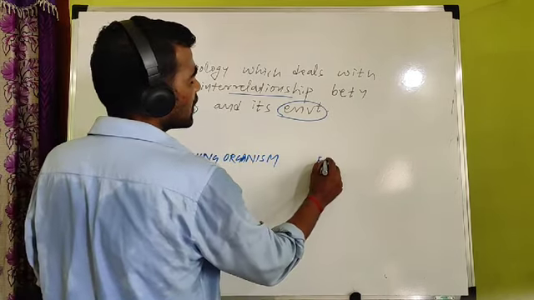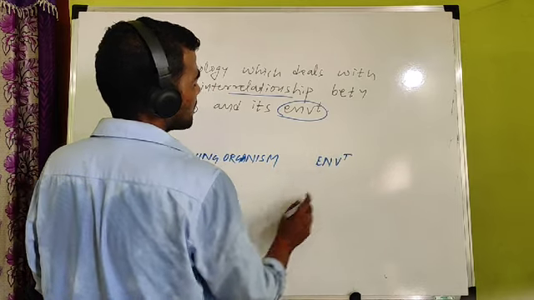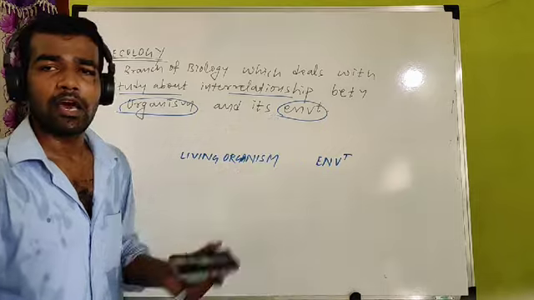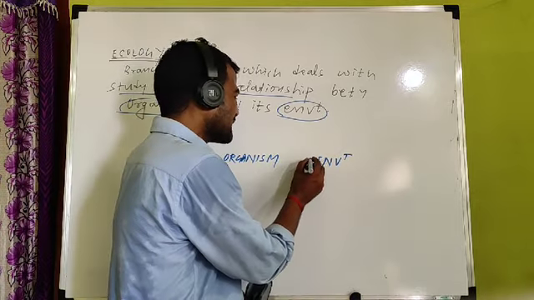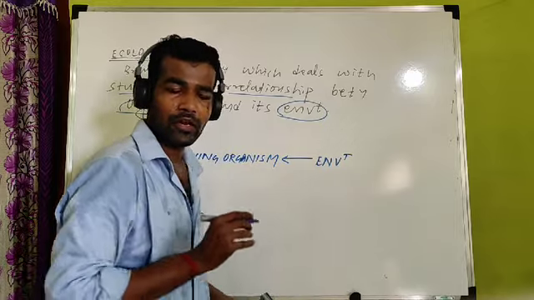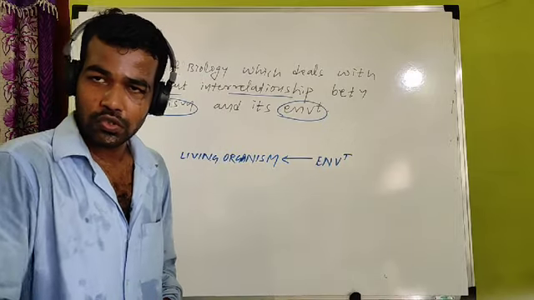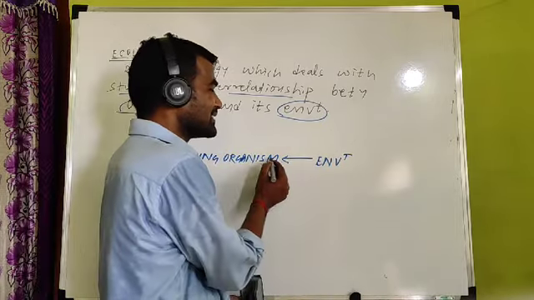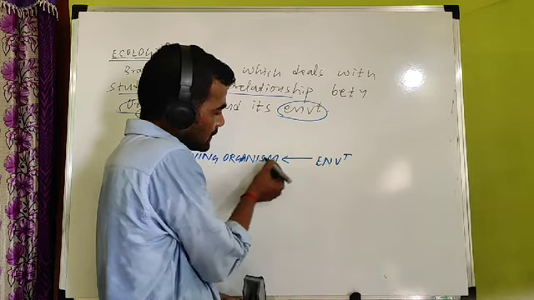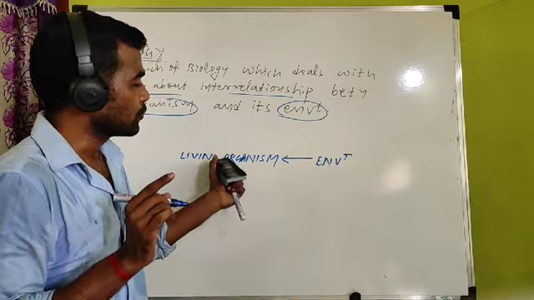A living organism needs different things from the environment. For example, to digest food, water is needed. A plant absorbs water through the root. Similarly, sunlight is needed, which the plant absorbs to synthesize food.